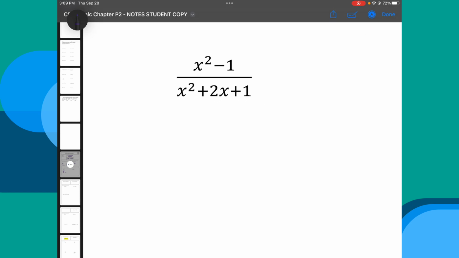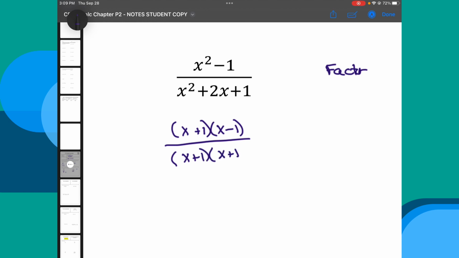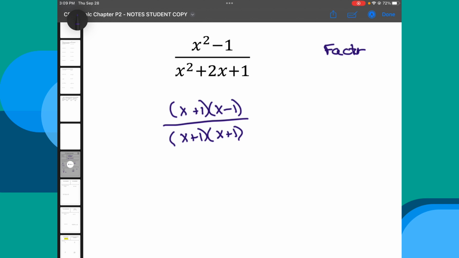Again, the first thing that I'm going to do is factor. In my numerator, I have a difference of perfect squares, so x plus 1, x minus 1. In my denominator, I'm going to factor that trinomial into x plus 1, x plus 1. In both my numerator and denominator, I have x plus 1.